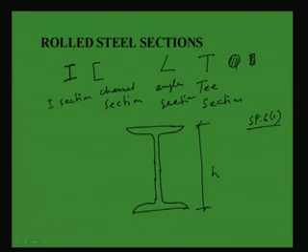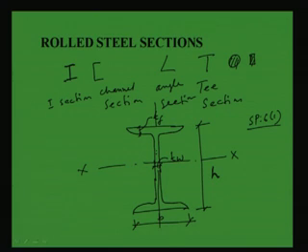This is called the depth of the section, denoted by H, and the width of the flange is denoted by B, and this is called the web. Thickness of web is denoted by TW. Another thing is thickness of flange, written as TF, and this is the x direction and this is the y direction.